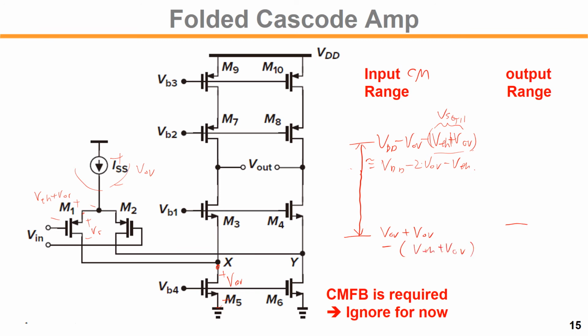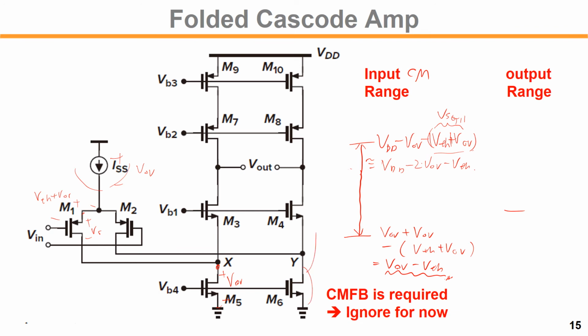So what you get is V overdrive minus VTH, right? As you can see, this value can even go below the ground level. So actually this is a very wide range it can cover. So input common mode can even go below the ground, okay? This is very large. And for the output range, the minimum would be what?